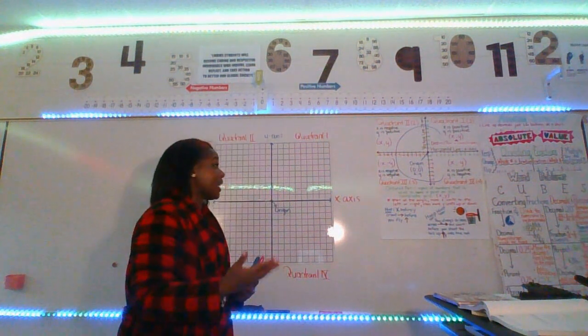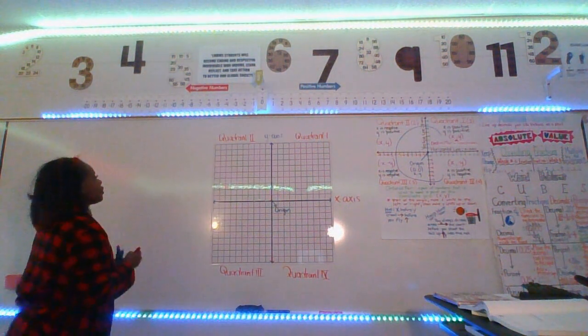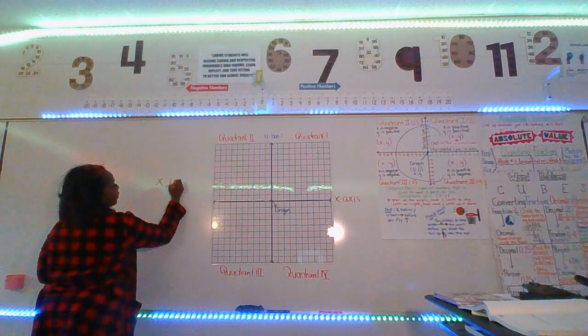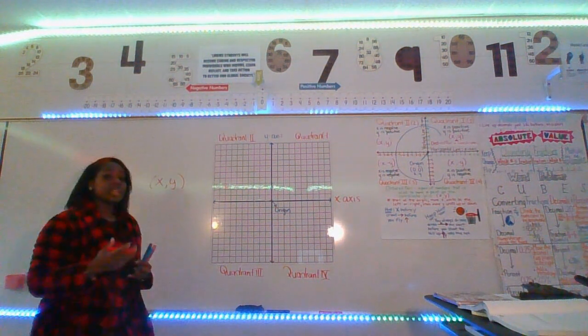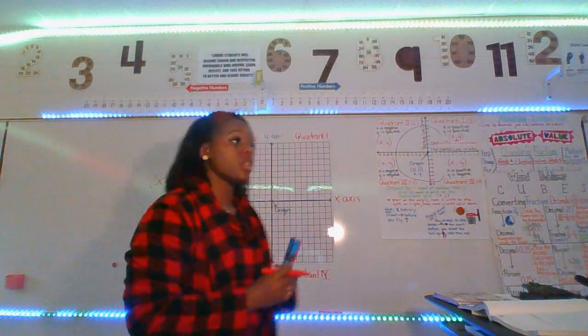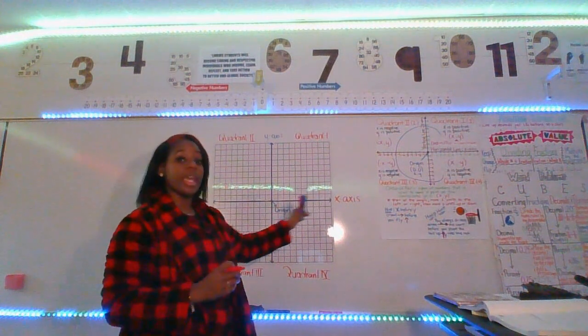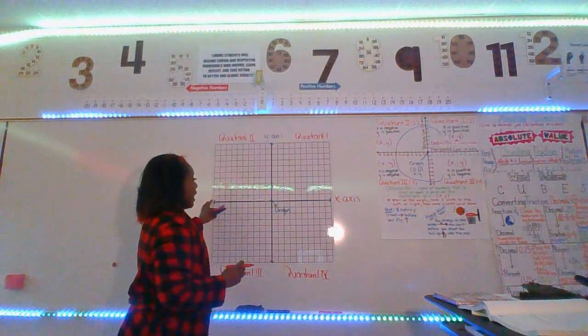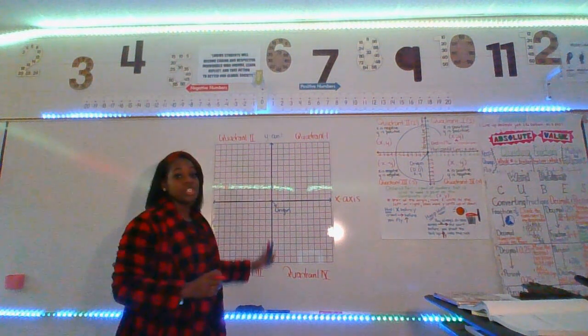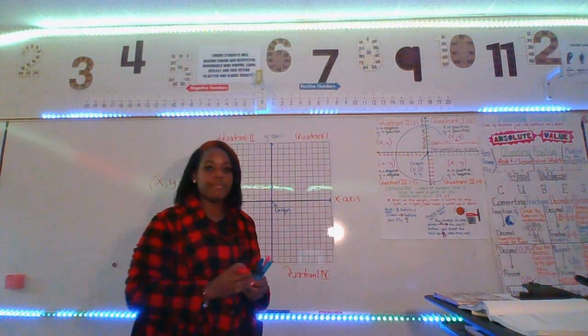In order to indicate an ordered pair, you use the notation x, comma, y. In the alphabet, the letter X comes first, so we have to walk left to right. And in class, we talked about learning how to walk before we could jump up and down, okay?